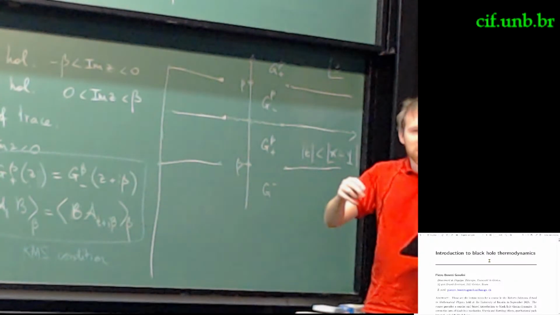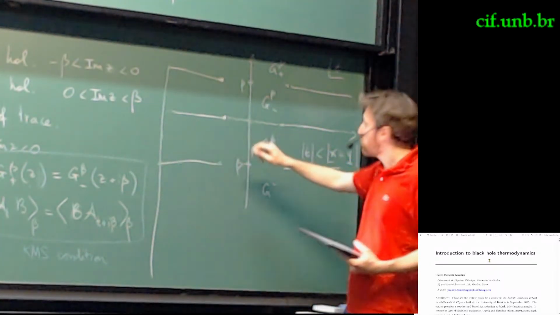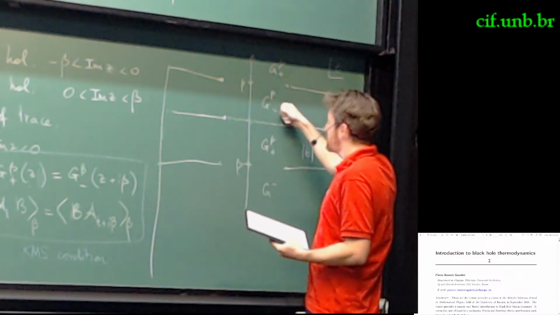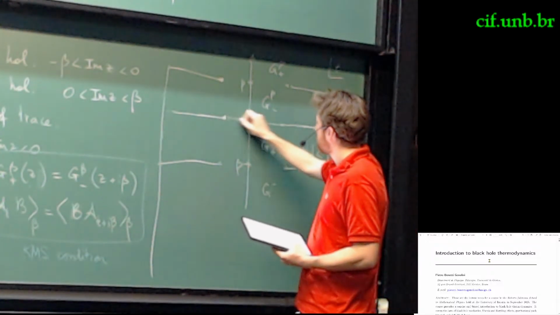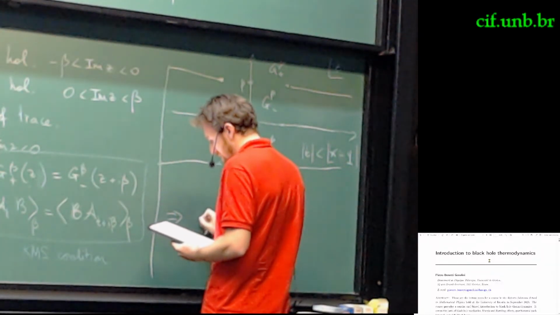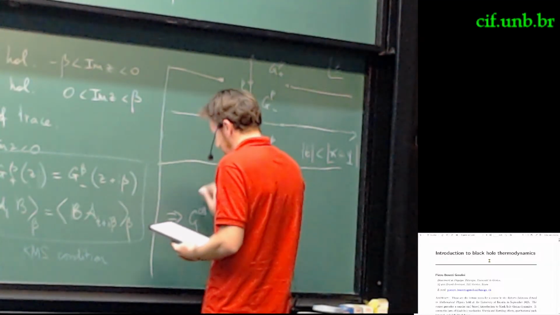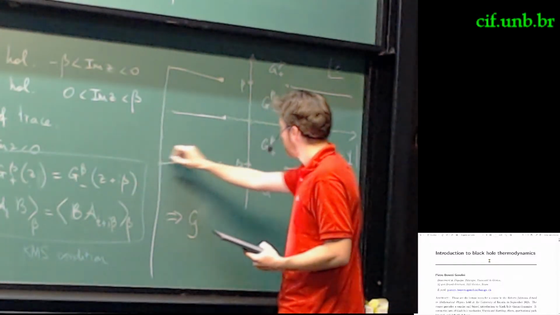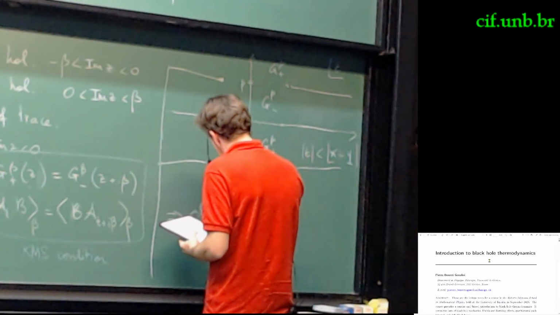Now, if you use some complex analysis theorem, just take an integral along a contour and split it along the real line, then you can show that actually G plus and G minus are one the analytic continuation of the other, since they agree on this strip. So the final result is that I can construct a function that is analytic modulo these lines here, where I don't know what happens and I don't care.